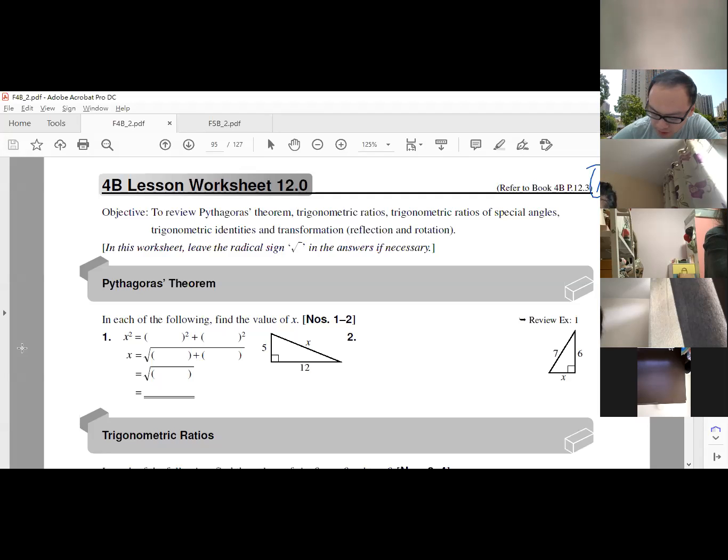So in this case, it is C. And then the Pythagoras theorem is C squared is equal to the sum of A squared and B squared. I think you are very familiar with this Pythagoras theorem already, but you just copy this down.